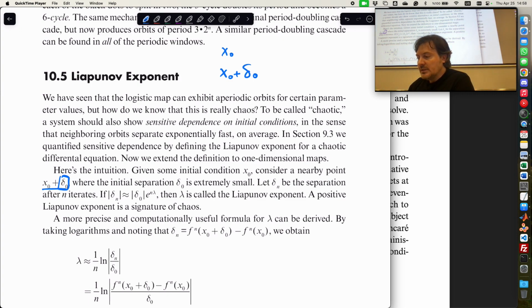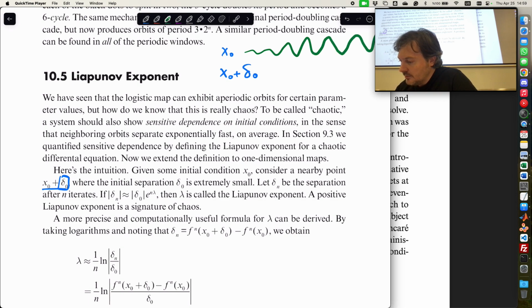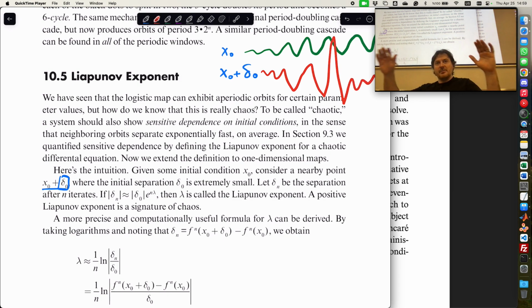If I am at chaos, chaos means sensitive dependence on initial conditions. So it means that this one, if I am at chaos, will go its own way. This one will go its own way. At some point, they will start to diverge.